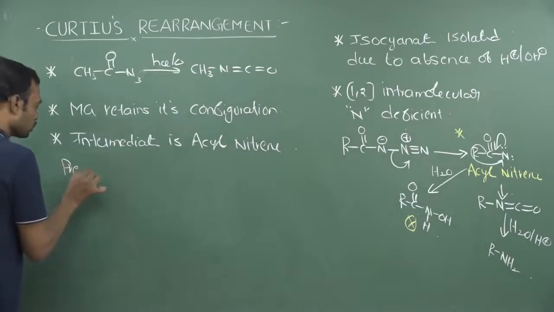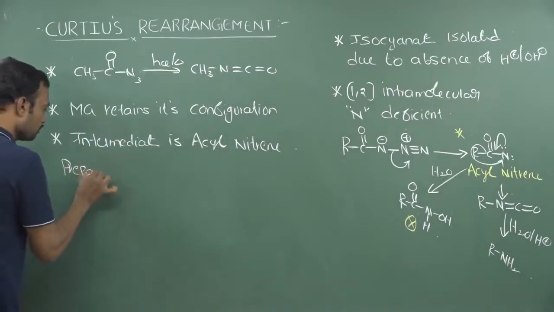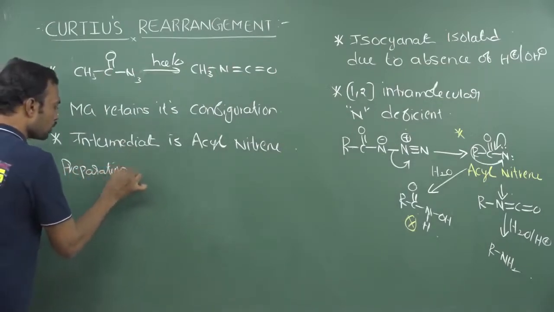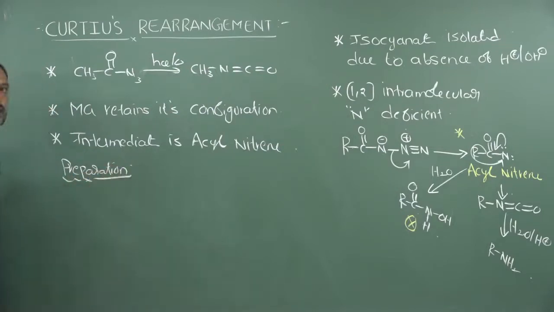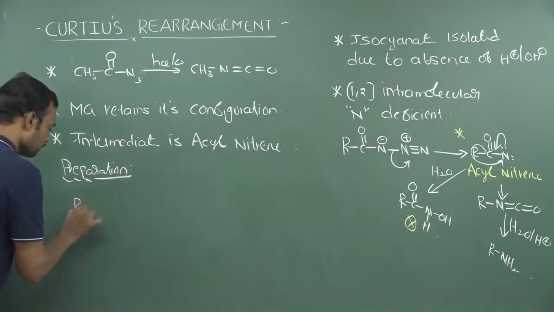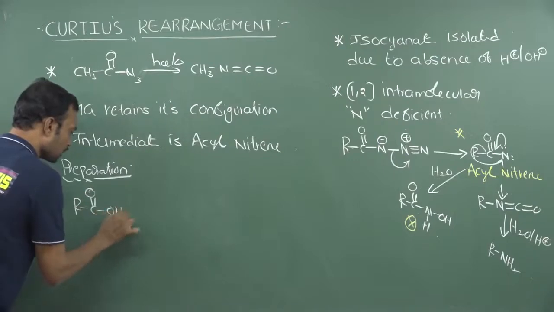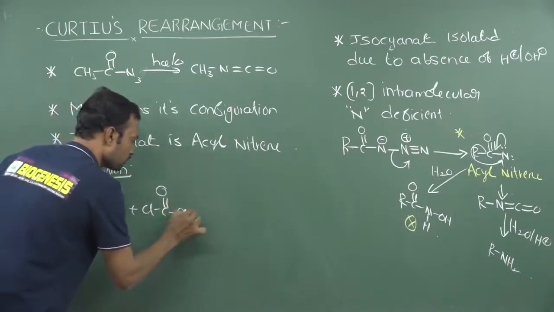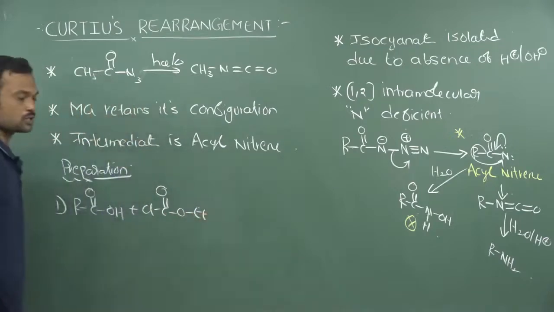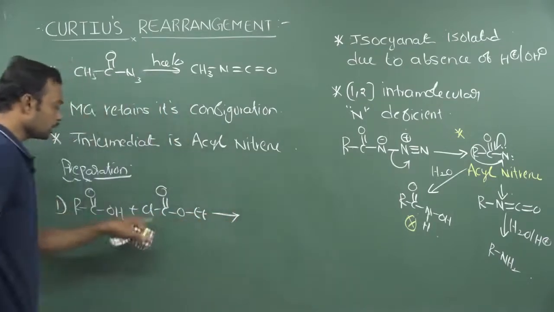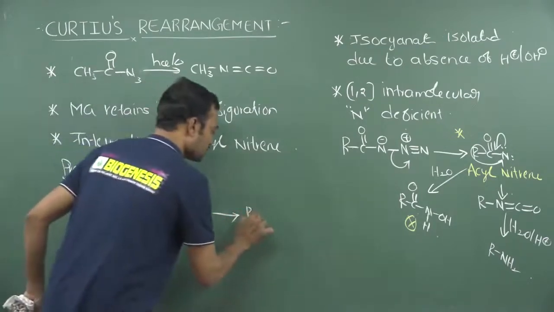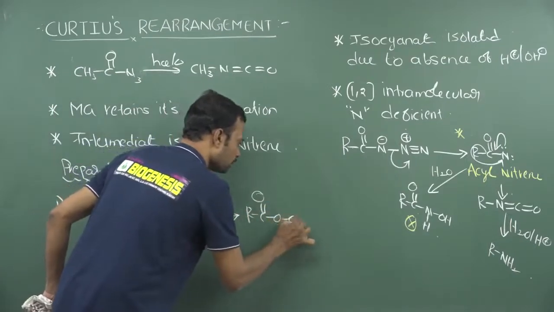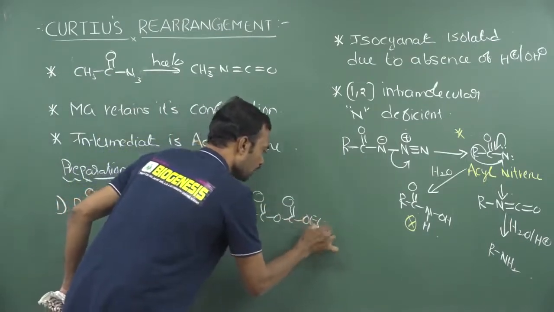And if you go through the preparation of acyl azide, how to prepare an acyl azide, it is most important. See, if I take any carboxylic acid and treat it with ethyl chloroformate, an anhydride derivative appears by loss of halogen.